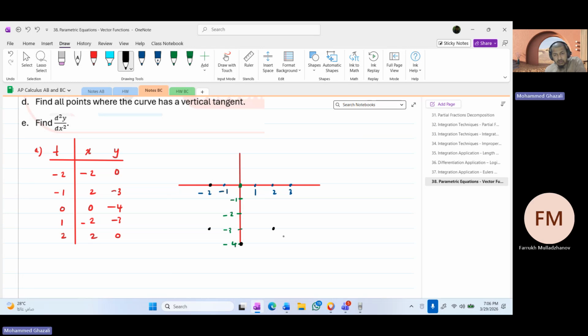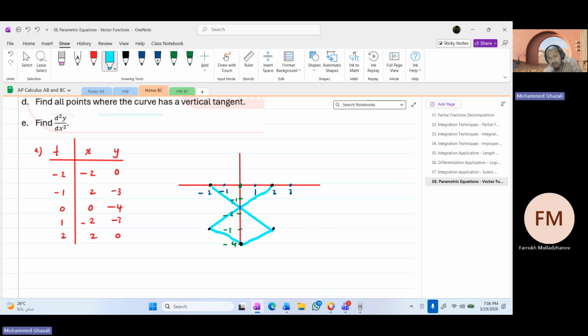Then we got 2 and 0. Problem here is, what kind of curve is that? So you're going to join up here, and then 2 and -3, and then 0 and -4, and then -2 and -3, and then 2 and 0.